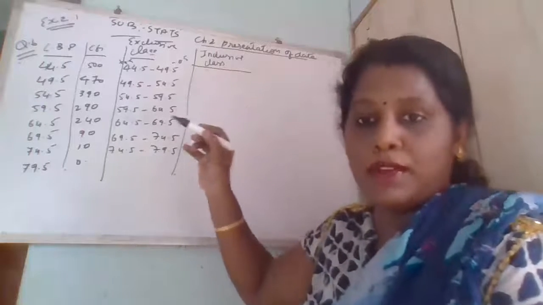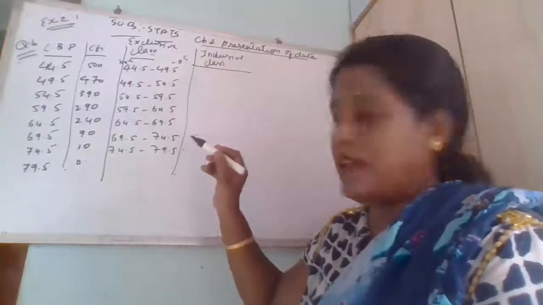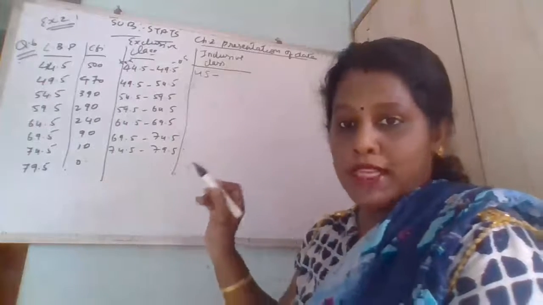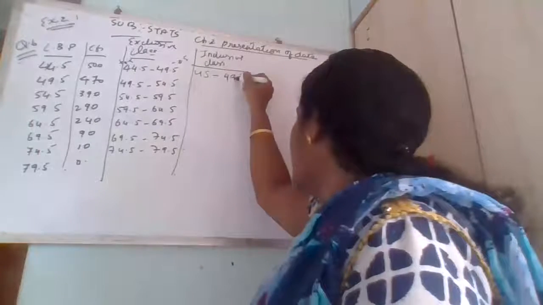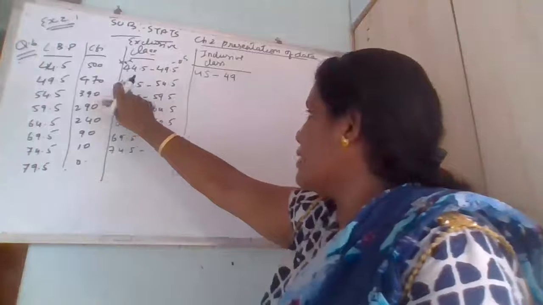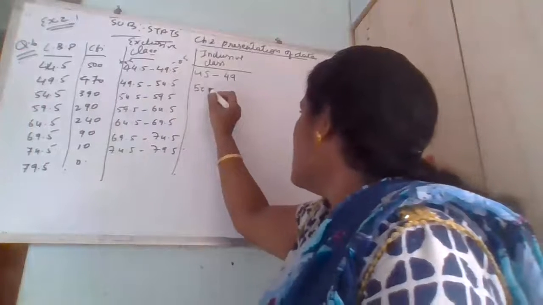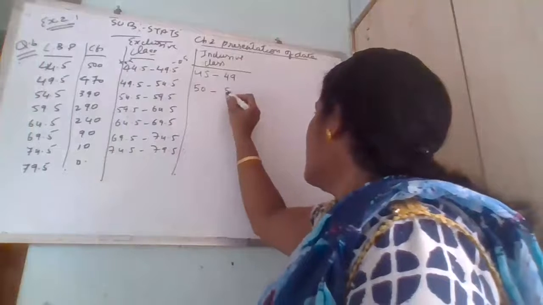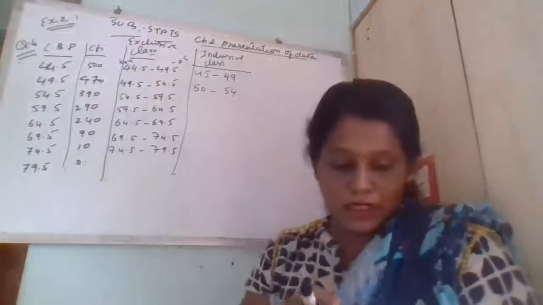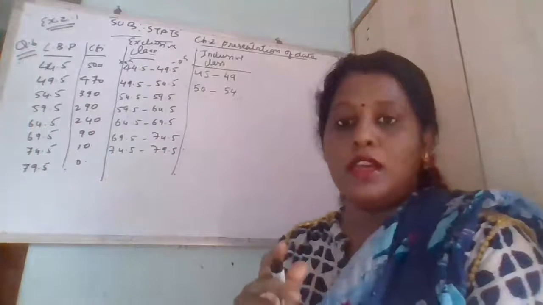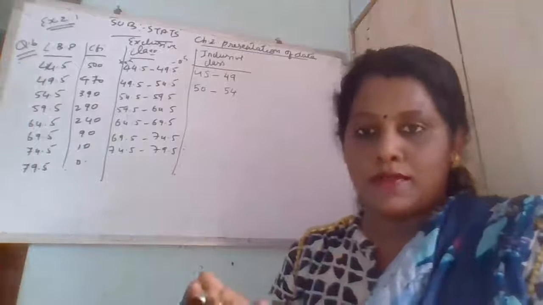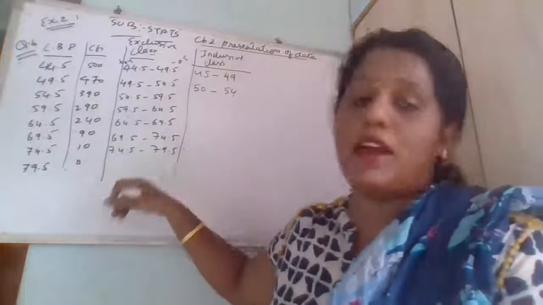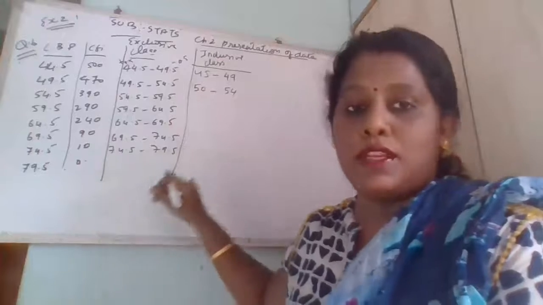So 44.5 plus 0.5 is 45 and 49.5 minus 0.5 is 49. Then here also plus 0.5 and minus 0.5, that comes to 50 and 52. Right? So this is the way you have to convert your exclusive class into an inclusive class, when the exclusive class is given and that also in decimals.